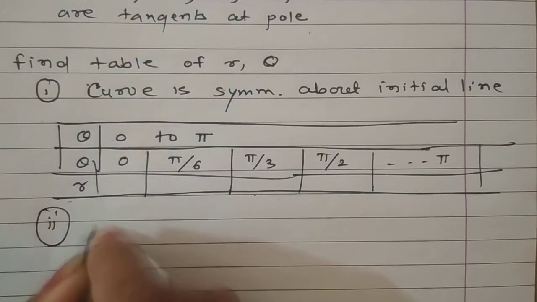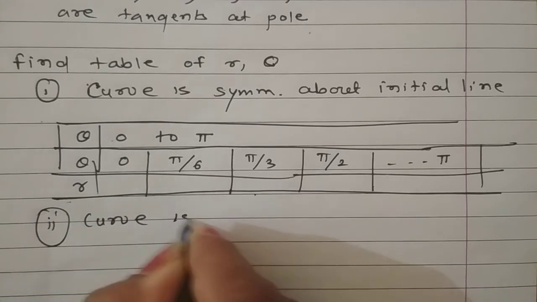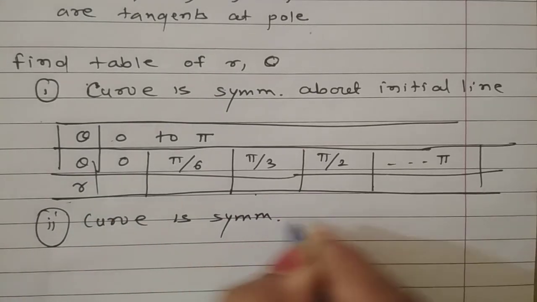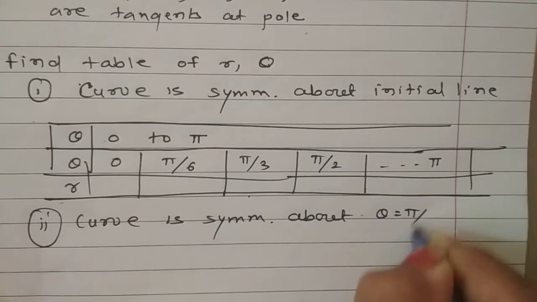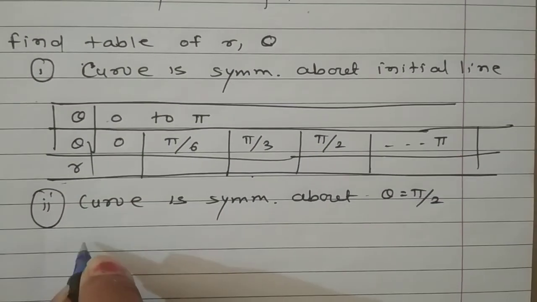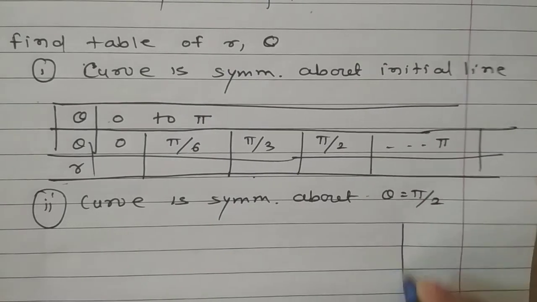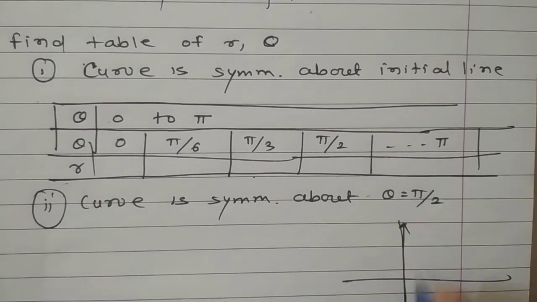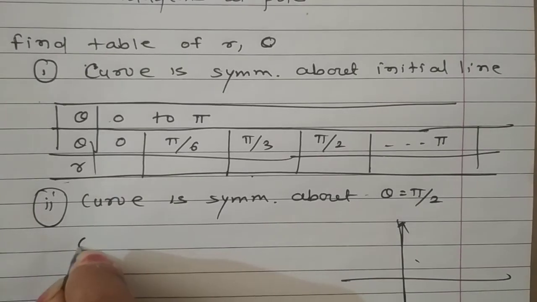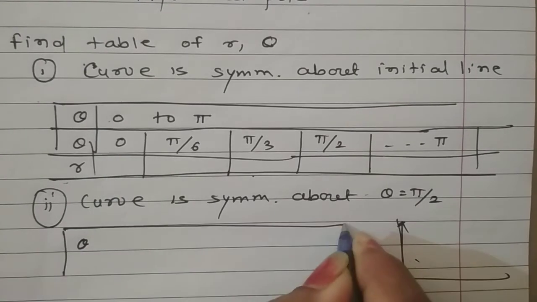Number 2, when curve is symmetric about theta is equal to pi by 2, means symmetric about this line, then we draw the table.